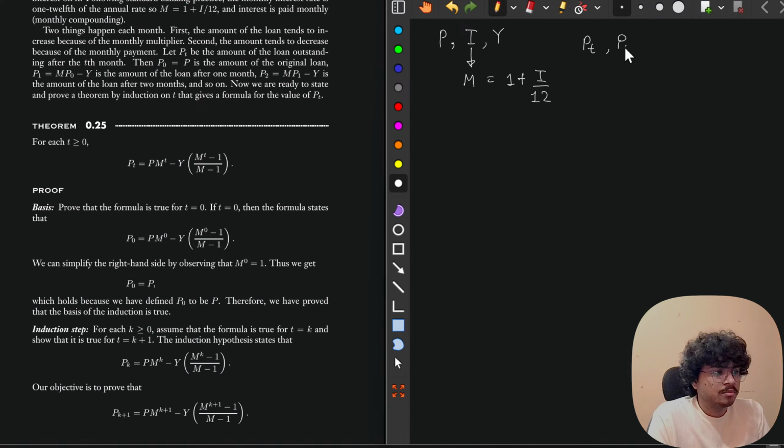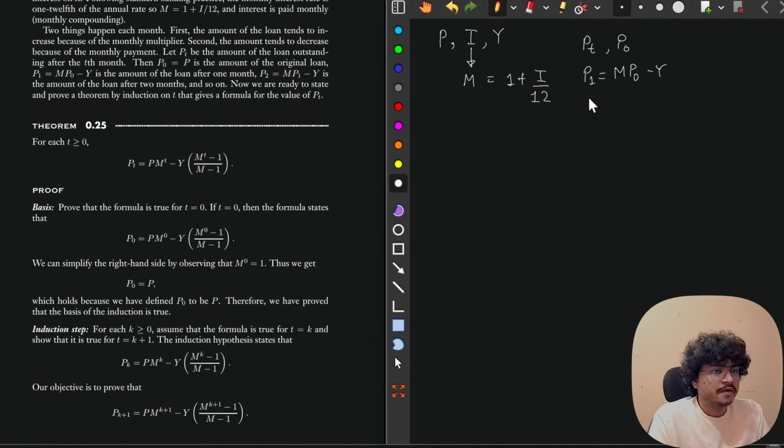P_0 is the amount of the original loan. P_1 is the amount of the loan after 1 month, and this series will continue: P_2 is the amount of the loan after 2 months, and so on.